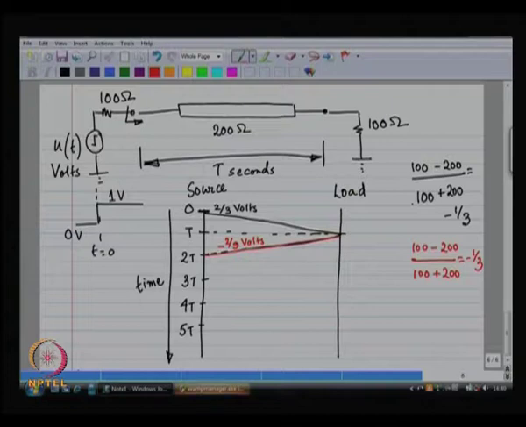Now, when that hits the source, a further minus 1/3 is reflected, and what is going to reflect from the source is plus 2 by 27 volts.